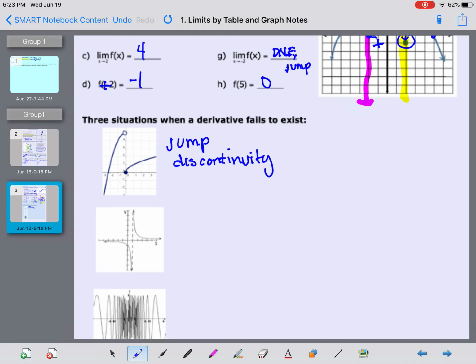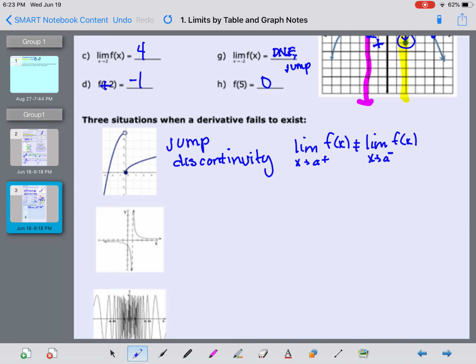What that means is the limit as x approaches a certain value from the positive side of a function, and the limit as x approaches that value from the negative side on that same function, those 2 things do not equal each other. So that proves a jump discontinuity for us.